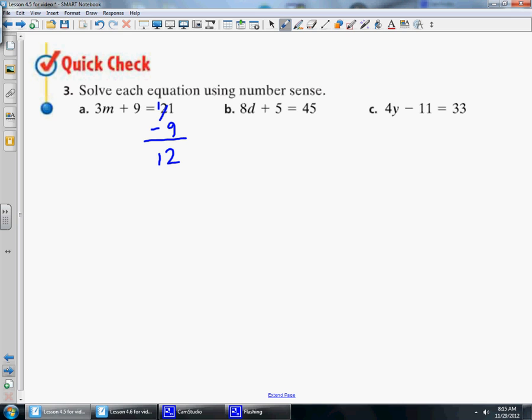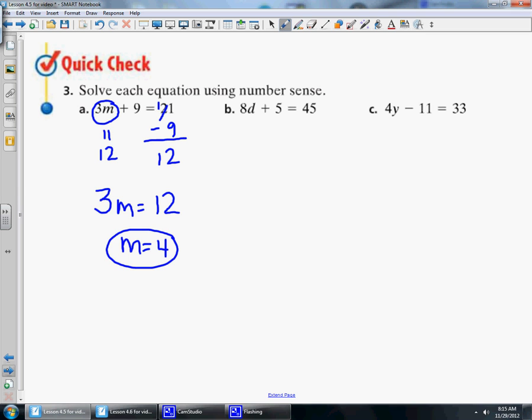That would be 12. So that means that this 3m is going to equal 12. So if we say 3m is equal to 12, what times 3 is equal to 12? M is going to be equal to 4. So we can use some mental math to help us find the answer to these problems.